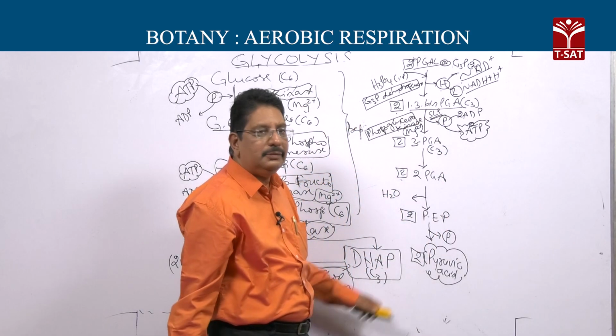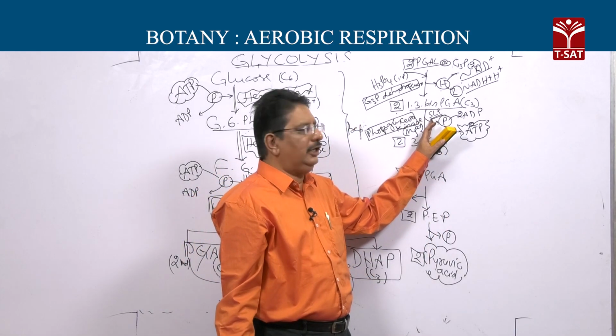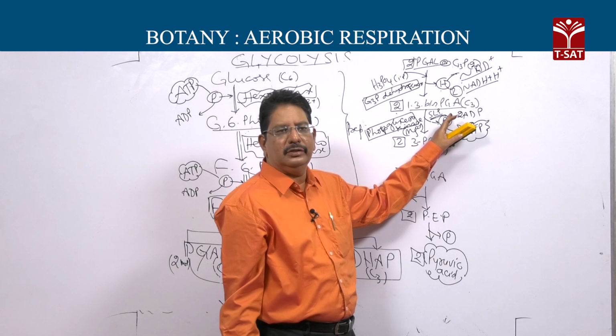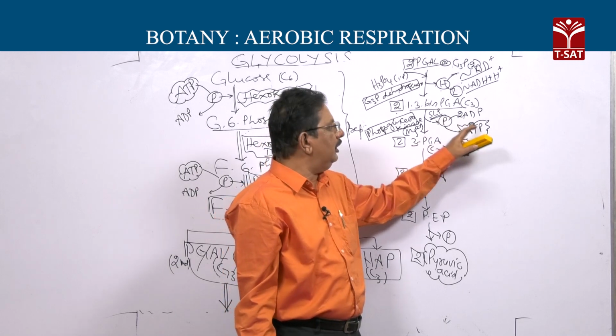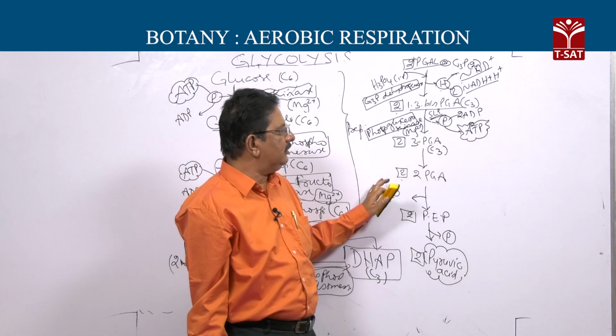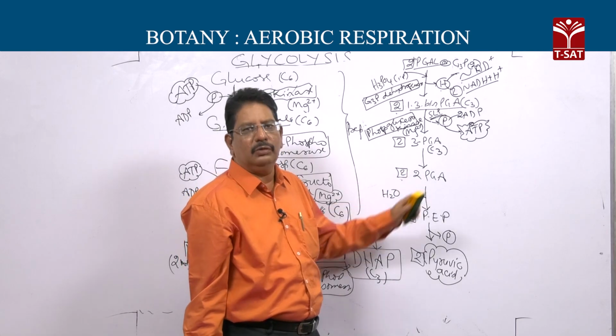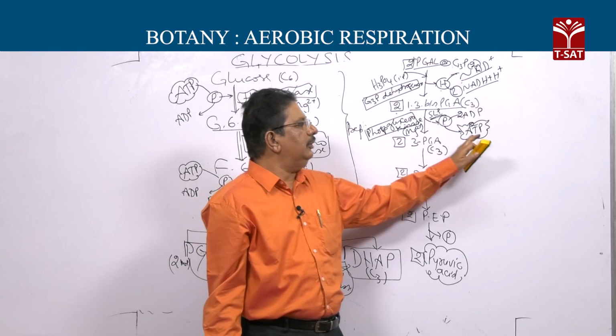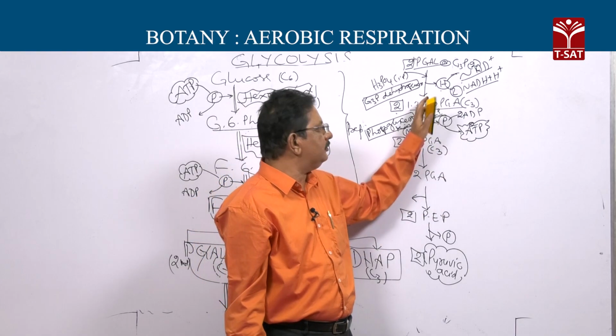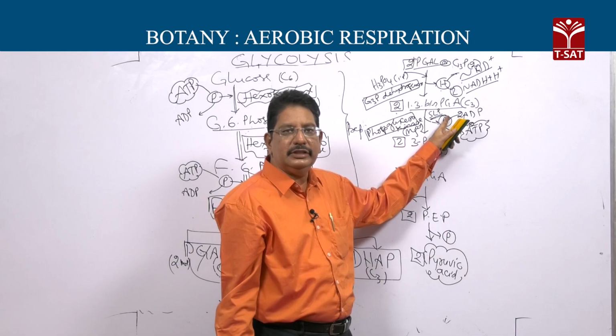What does SLP stand for? Substrate level phosphorylation. So, it is one type of ATP formation that occurs in cells without electron transport system involvement. If ATP is generated at substrate level, it is called SLP.